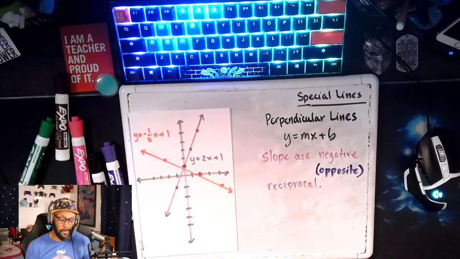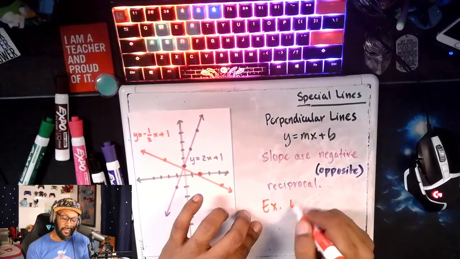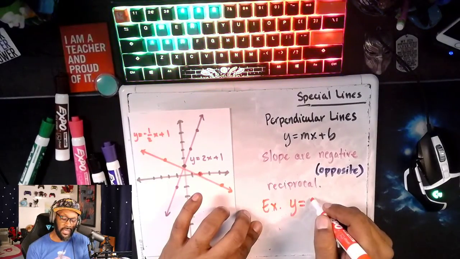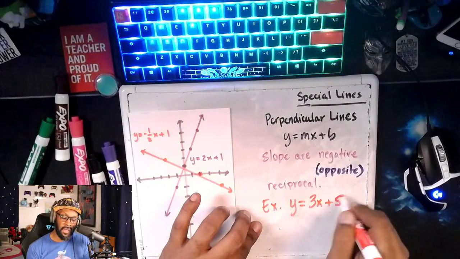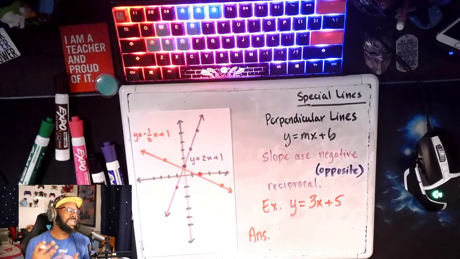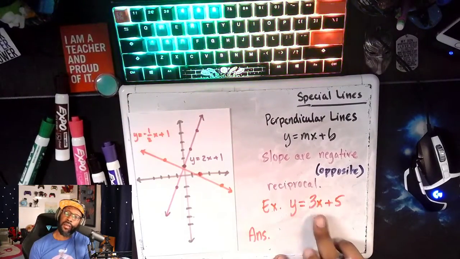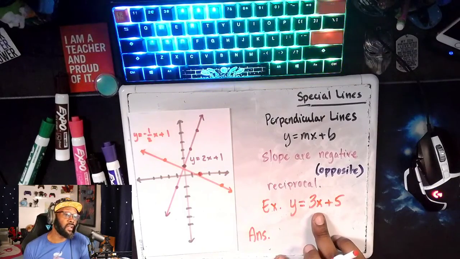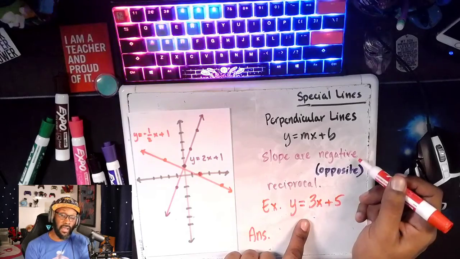So to this point, just to kind of get it in your head, a quick example. If I said, okay, here's an equation of a line, 3x plus 5, give me an example, any example of an equation of a line that is perpendicular to this. So if it's perpendicular, that means we know it needs to be negative.